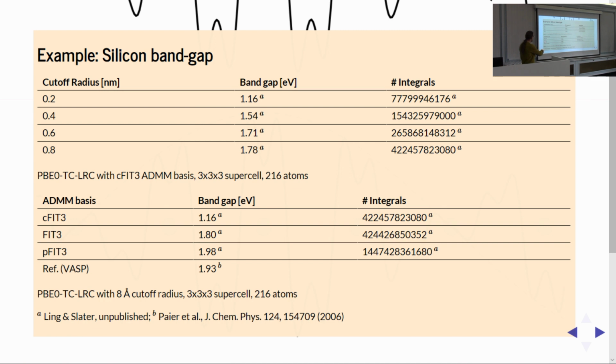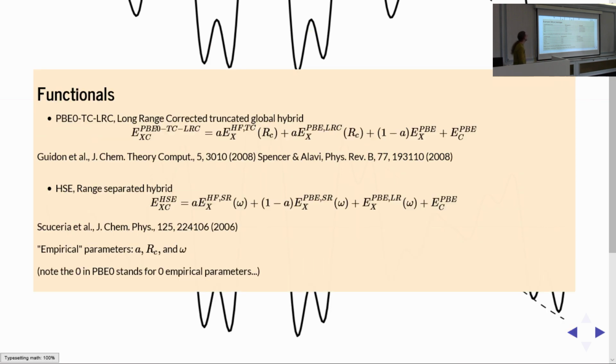So if I include polarization functions in an auxiliary density matrix, then it makes a moderate improvement in agreement. So using a polarizable uncontracted triple zeta auxiliary basis, I get something that's pretty close to the good numbers, and it's a manageable calculation. And this is on 216 atoms.